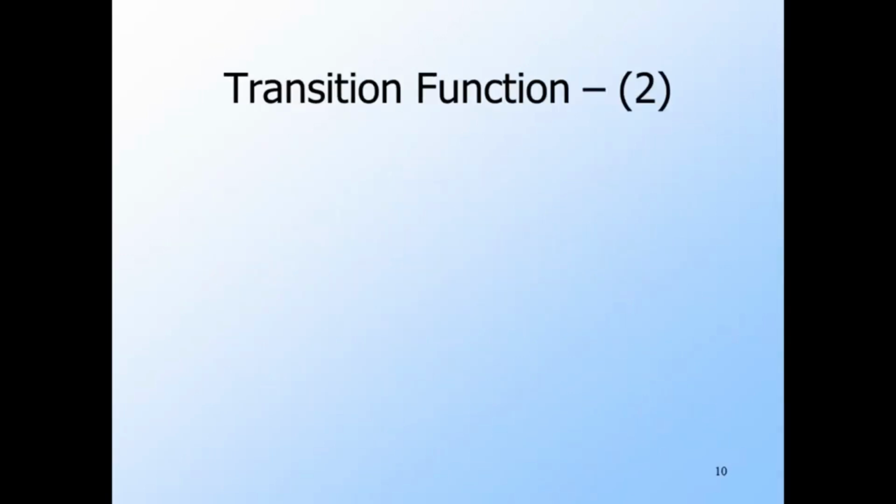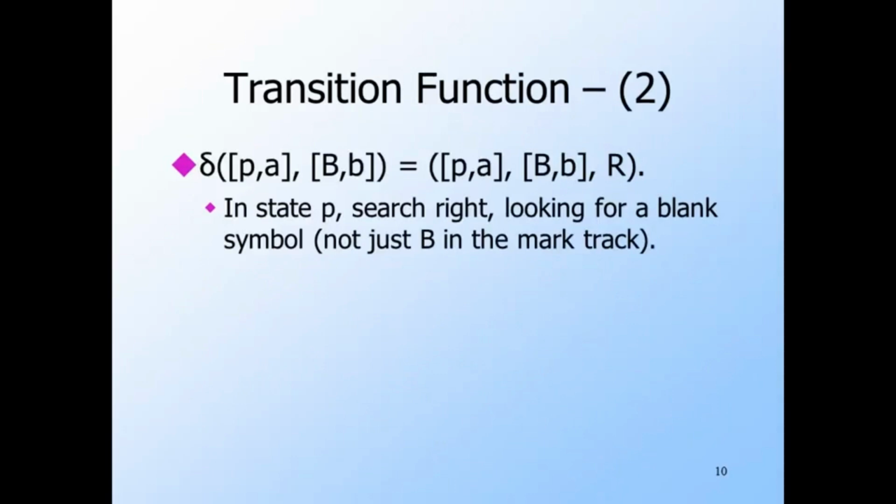There are two families of rules for control state P. If the current tape symbol does not have a blank in the data track, then stay in the same state, leave the tape symbol as it is, and move right. Note that A and little b can represent either 0 or 1 independently, so there are really 4 rules represented here.